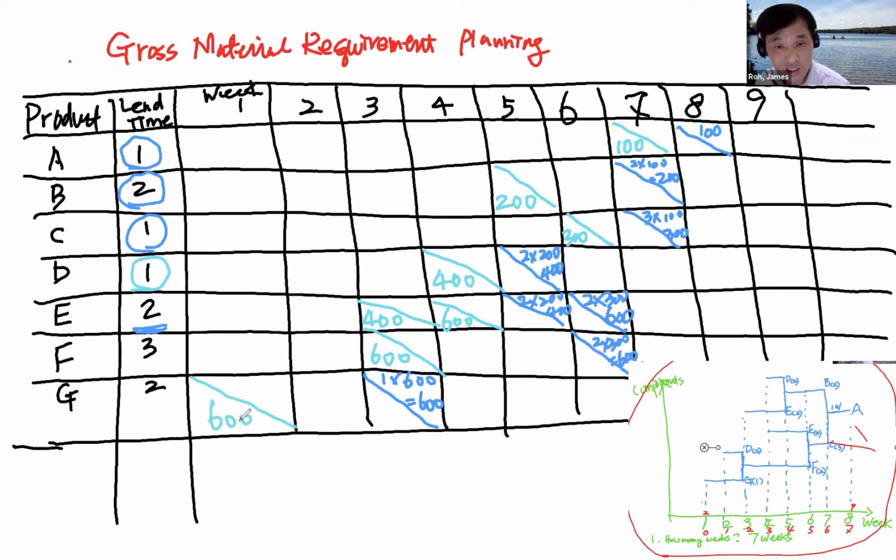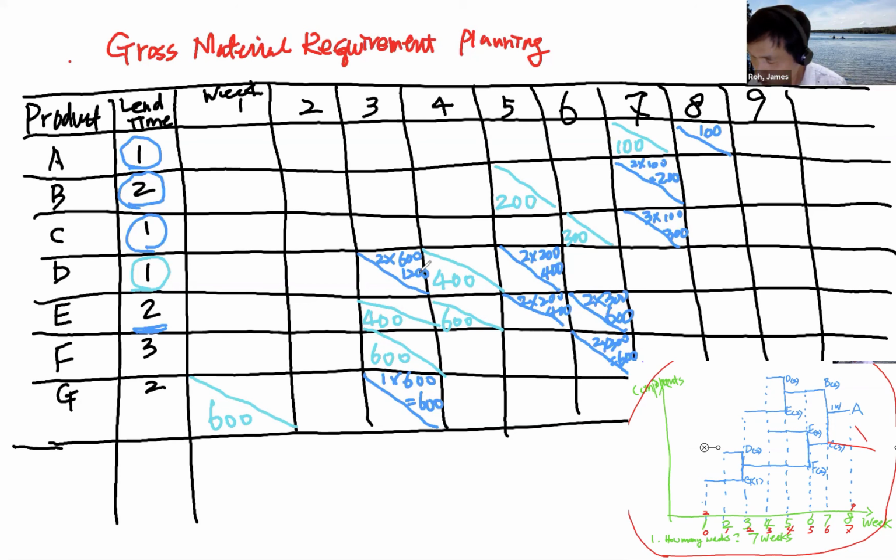And lastly, D, it takes 1 week at week 3. So go to week 3 and 2 times F is 600. 1200 is required.